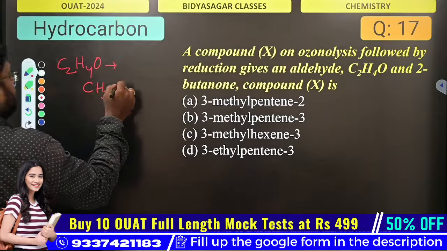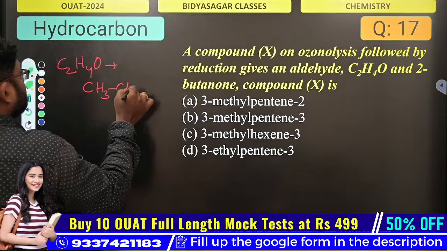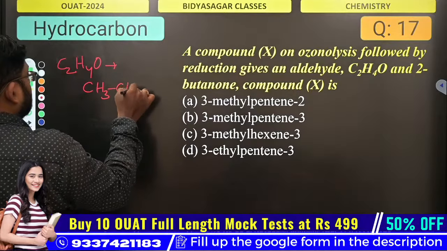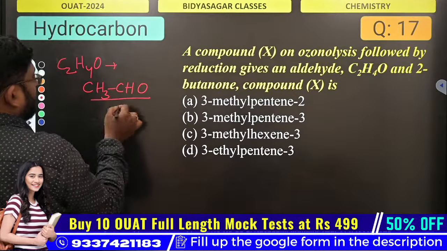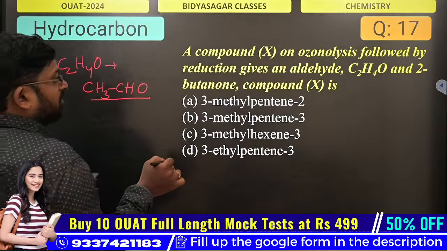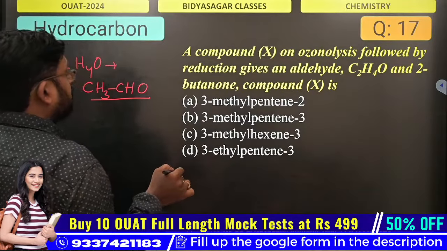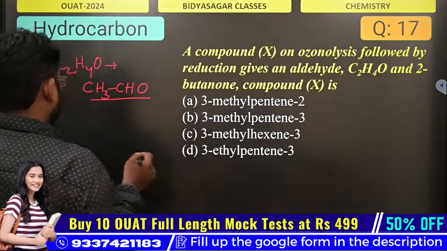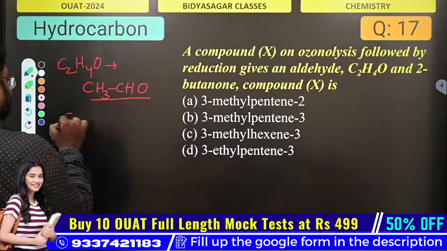C2H4O means CH3CHO, right? CH3CHO is the aldehyde, and the ketone is butanone-2.